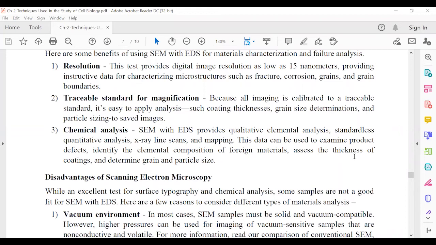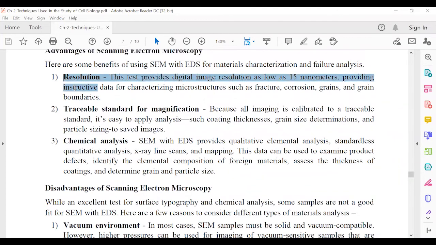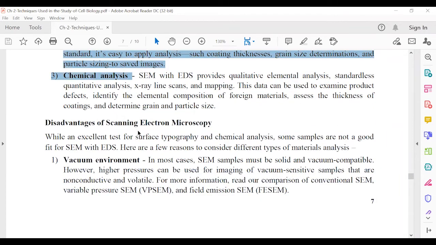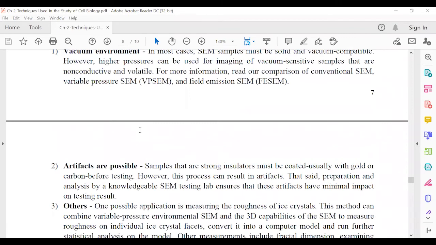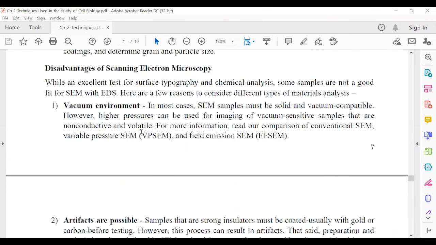This data can be used to examine product defects, identify the elemental composition of foreign material, assess the thickness of the coating, and determine grain and particle size. These 3 options are advantages of scanning electron microscopy, and 3 disadvantages also occur during scanning electron microscopy.